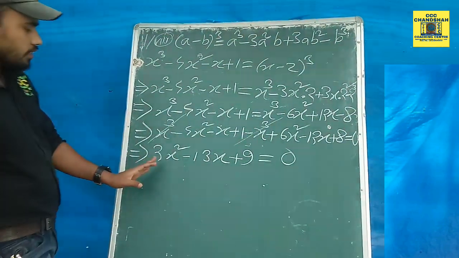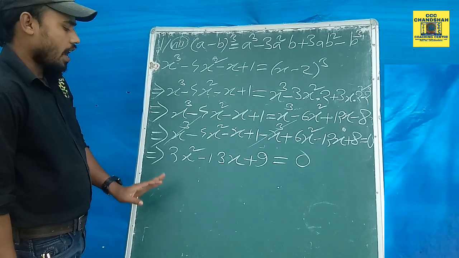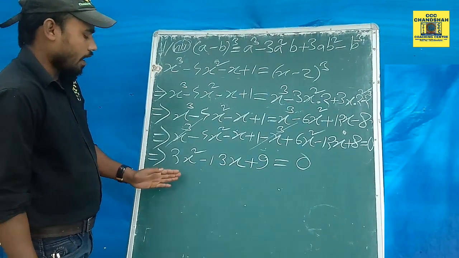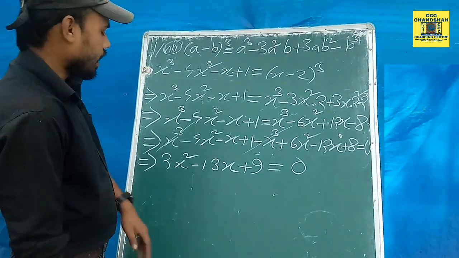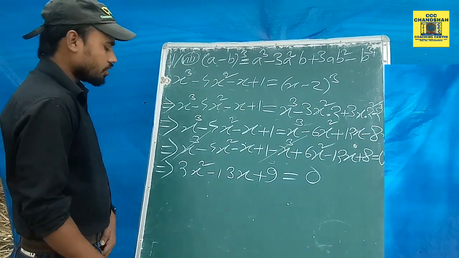Now you could see that it is in the form of ax square plus bx plus c is equal to 0.